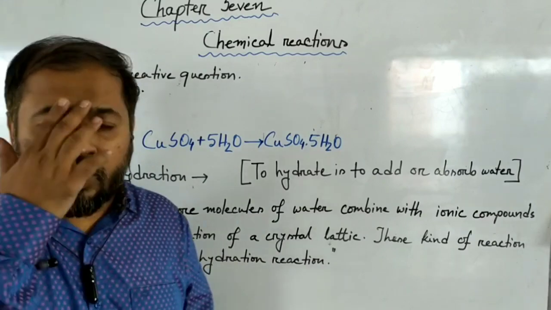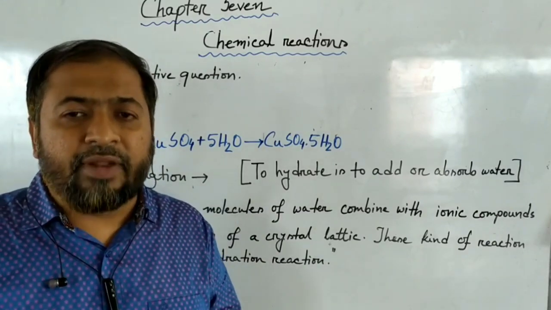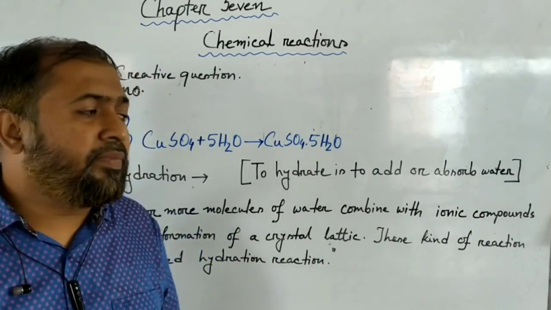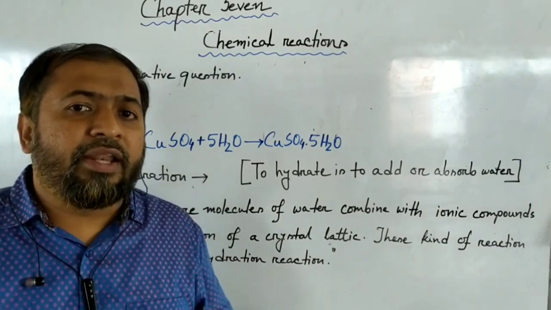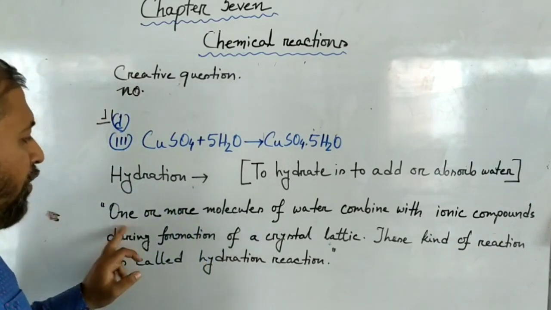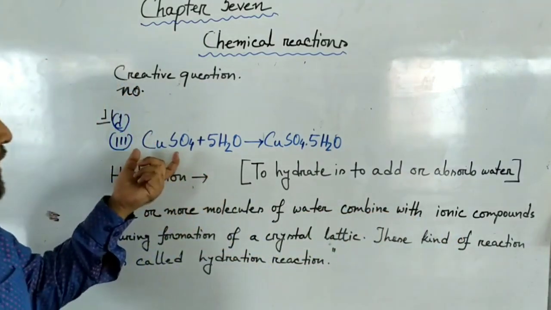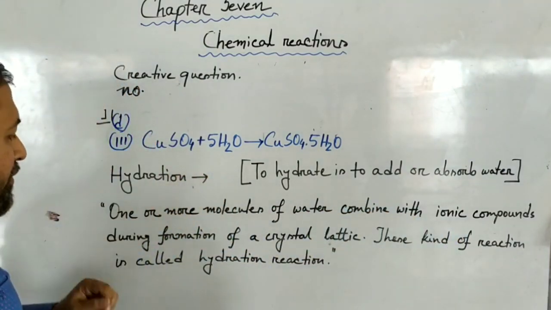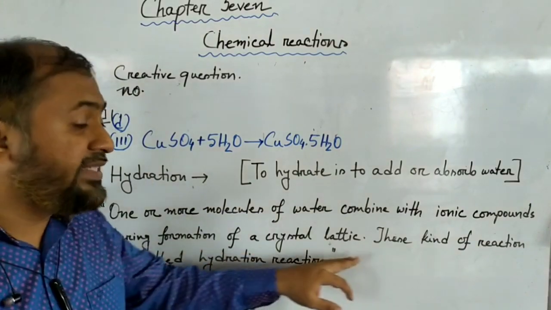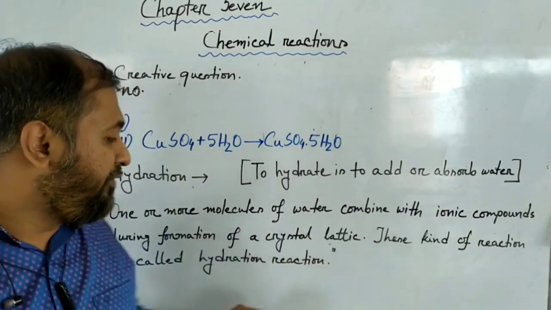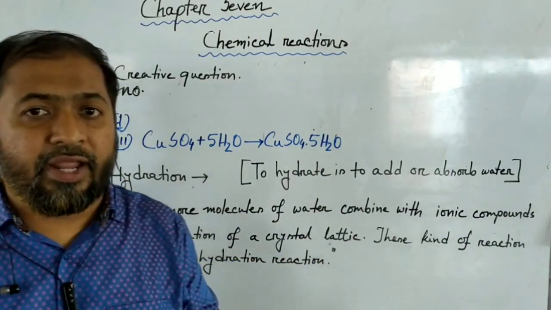The word hydration was used by French scientists for the first time, and the definition of a hydration reaction is one or more molecules of water combined with ionic compounds. Here copper sulfate is an ionic compound during formation of the crystal lattice. This kind of reaction is called a hydration reaction.